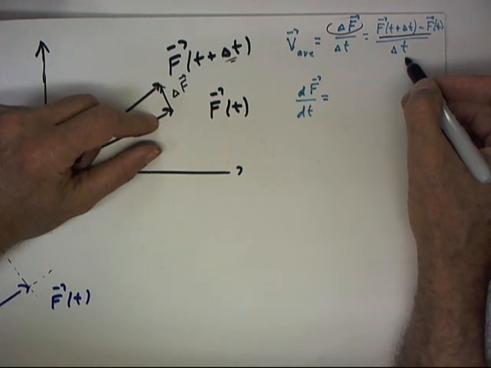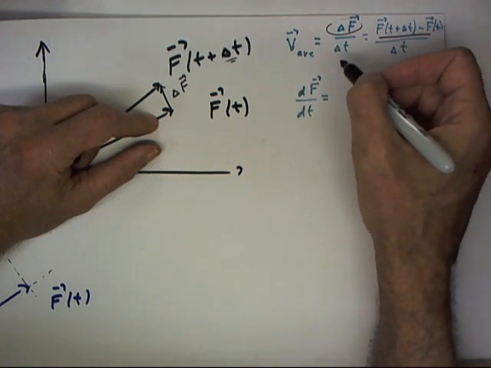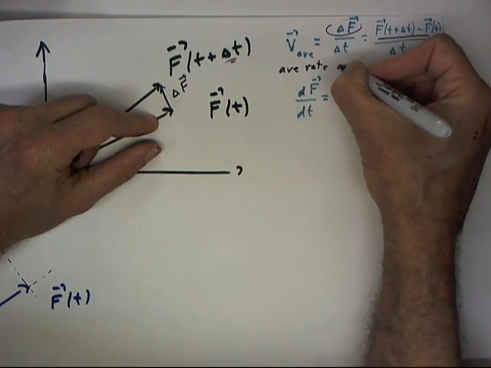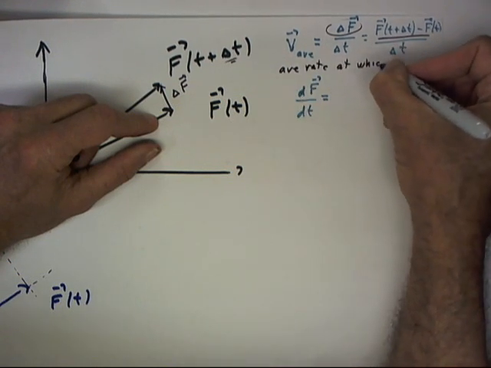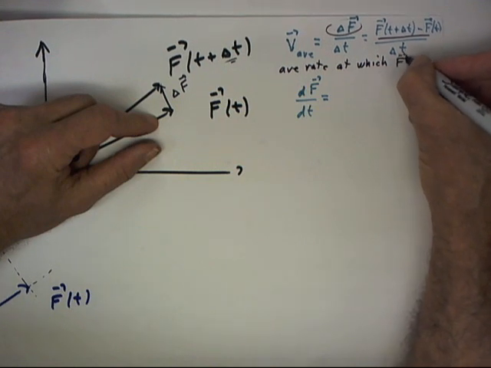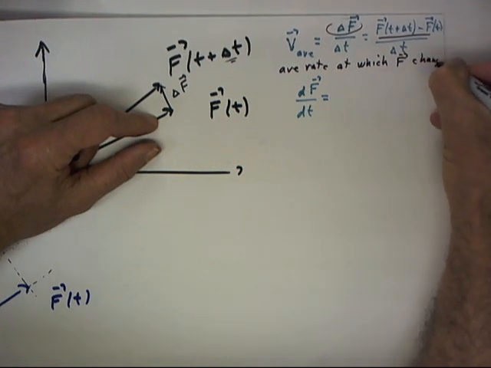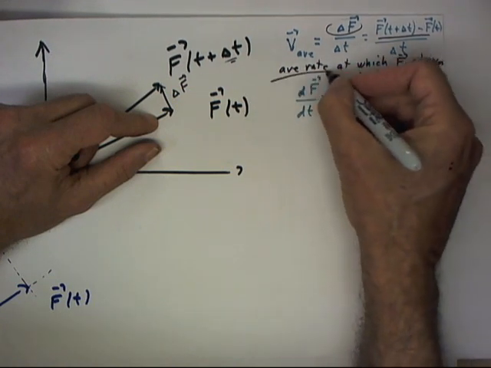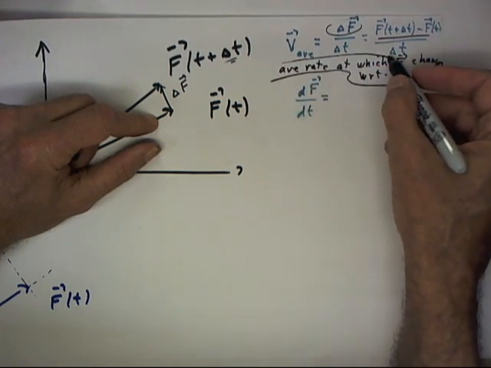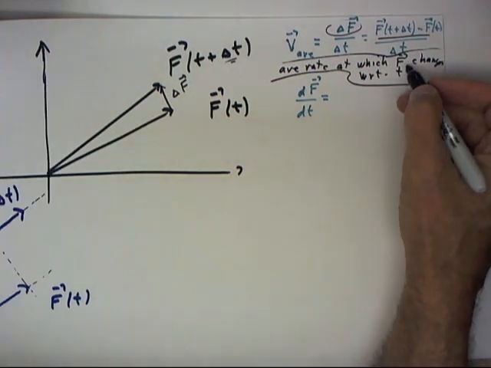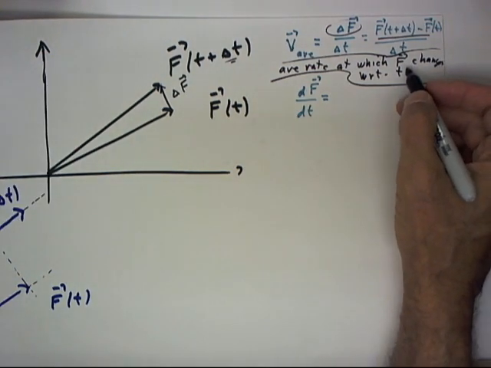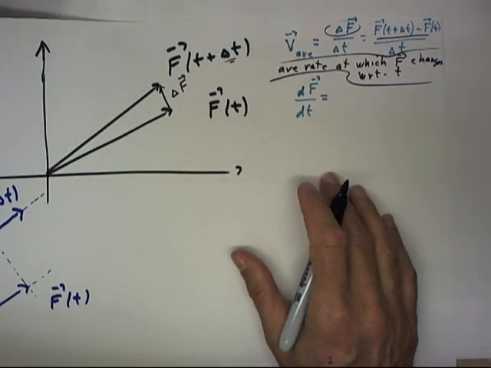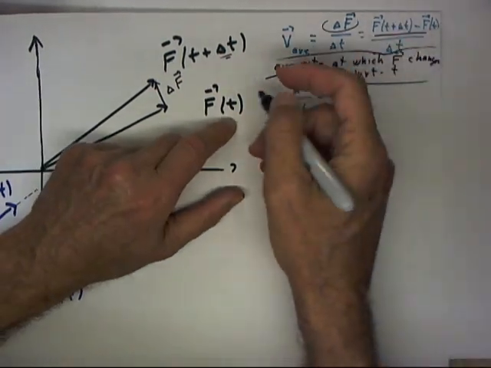We divide that by delta t, and we get the average rate at which f changes with respect to t, whatever the interpretation of f. f could be a force and t could be something besides clock time. t could be a position along a line or something.